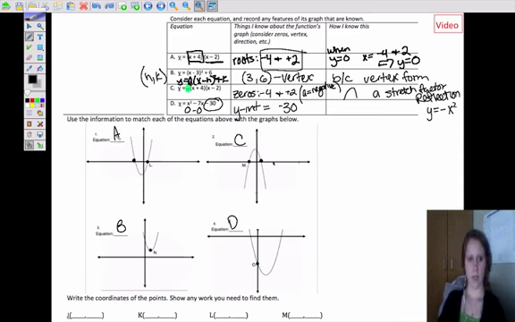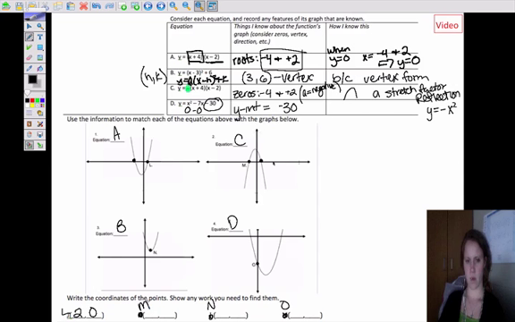Next we're asked to give these points down here, and the labeling is a little off. So I'm going to change this to L, this to M, this to N, and this to O, because they didn't go in order, and some of them were missing. So L, if we look here, this was one of our roots, and we know that our roots were negative 4 and 2, so this was the positive one, so that's going to be (2, 0).